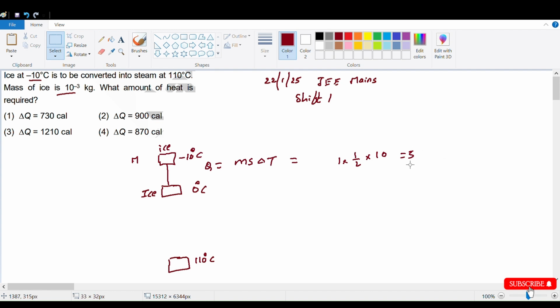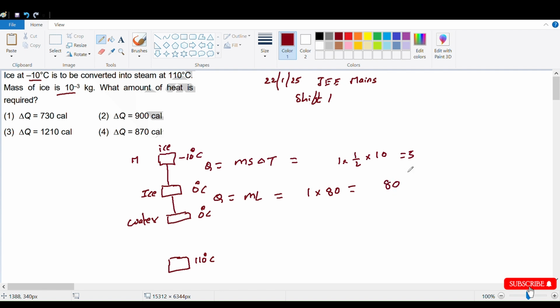And then this ice will become water at 0 degrees Celsius. Now temperature is not increasing, so use the formula mL. M value is 1 gram into latent heat of water, which is 80 calories per gram.